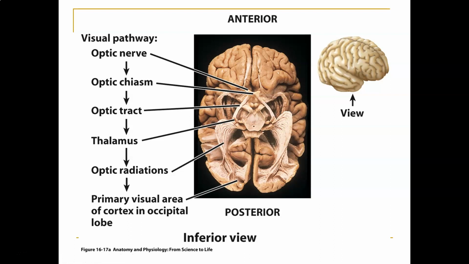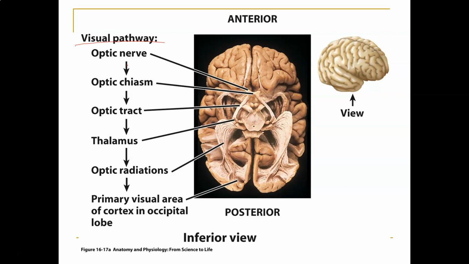Okay, so this slide shows the pathway, what they call the visual pathway. This is the path that the action potentials take from the eye to their ultimate destination, which is going to be your cerebral cortex, where the nerve impulses need to go to be processed.